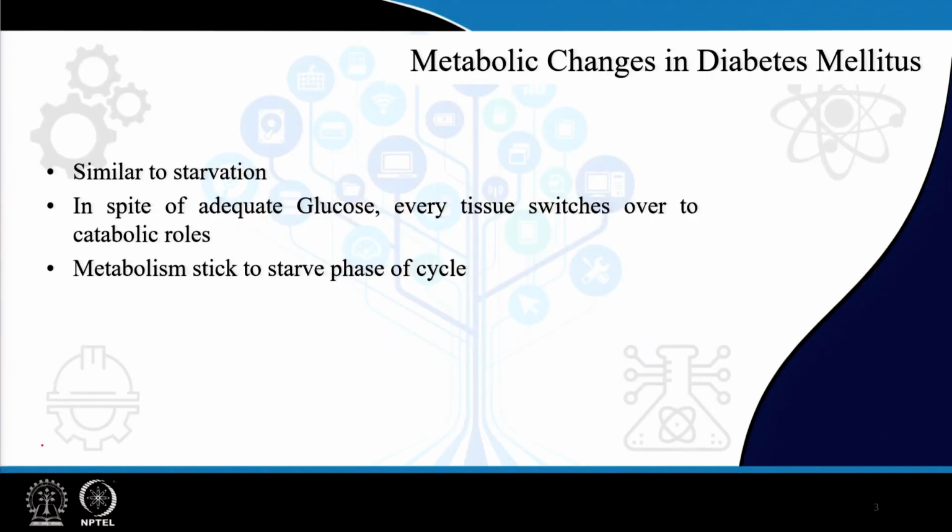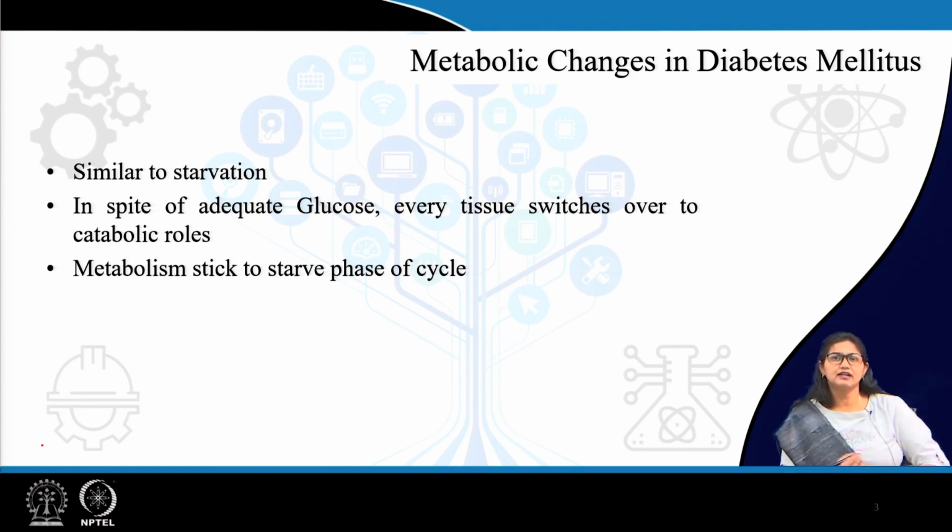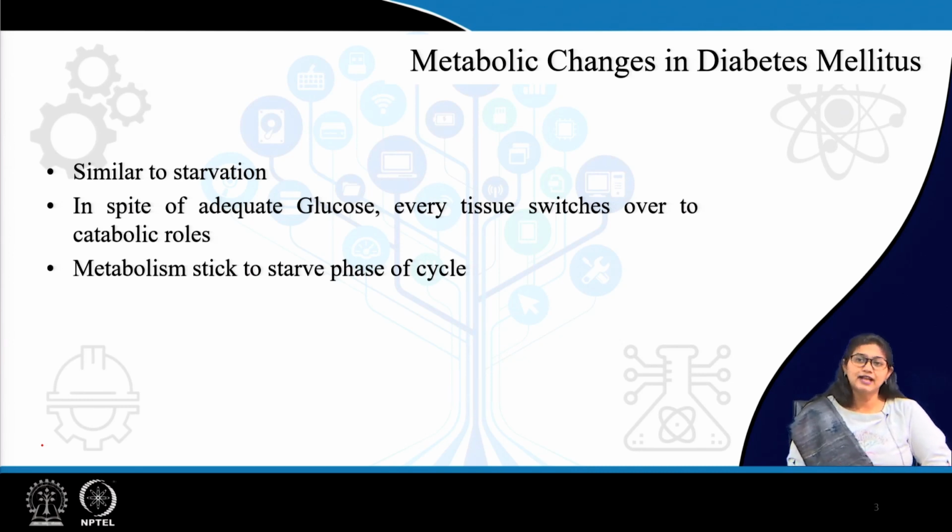Now, before that, let us discuss something about the metabolic changes related to some specific conditions like diabetes mellitus. Why diabetes mellitus are we discussing here? In the last class we have discussed starve-feed cycle, where if cells undergo starvation, it is manifested as different metabolic adaptations.